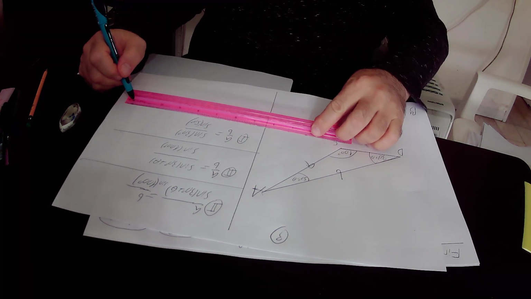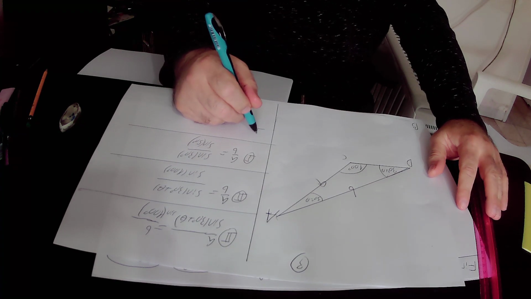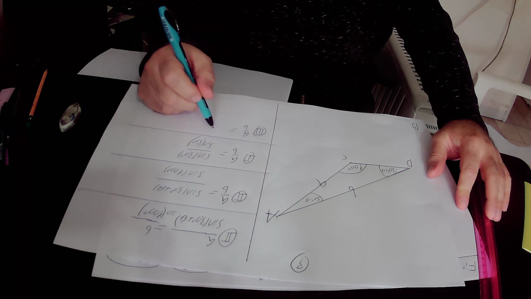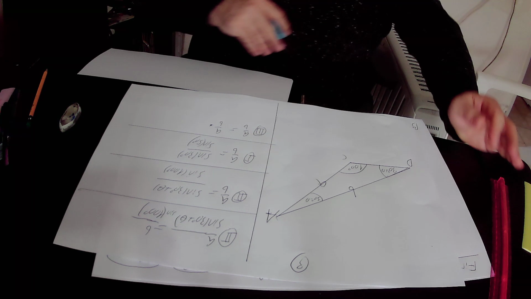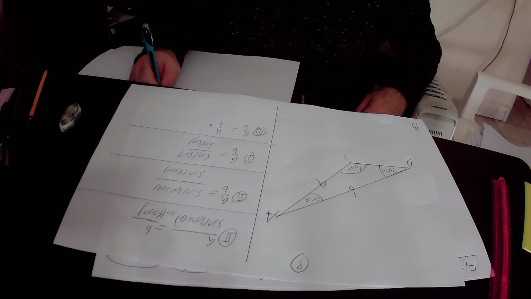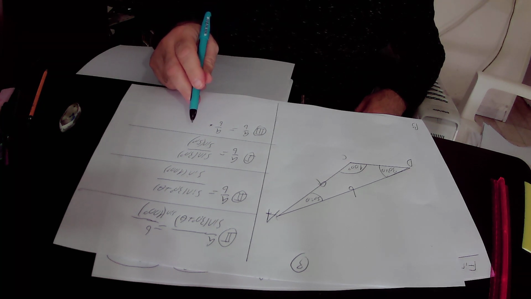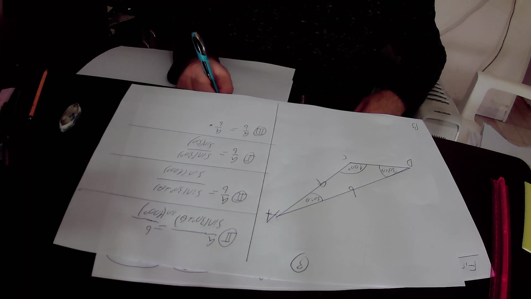And we will create equation number 3 that states that A over B according to equation number 1 must be equal to A over B according to equation number 2. A over B according to equation number 1 is sine 30 degrees over sine 50 degrees.